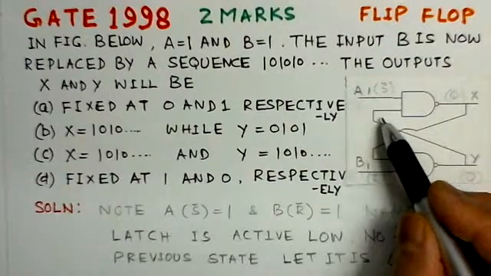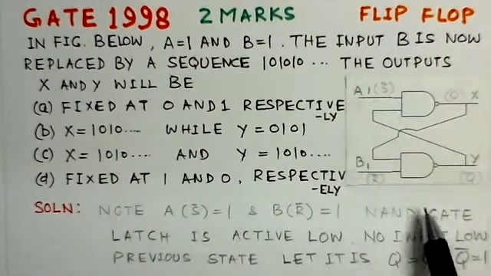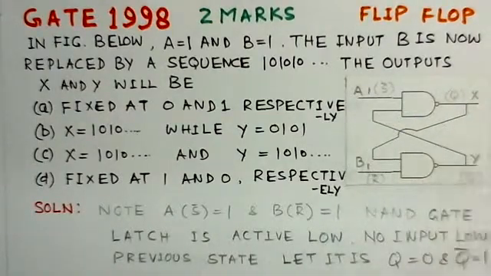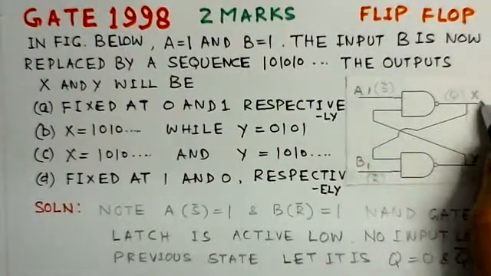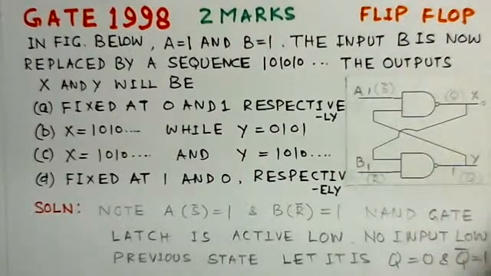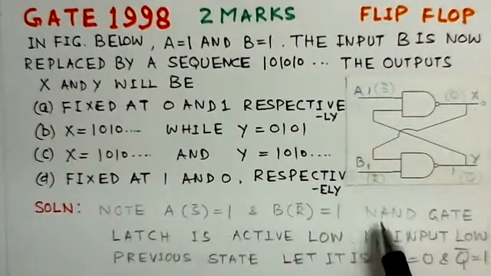So this will give me the output as the previous output, because no input is low, it will give me the previous output. And we can assume what the previous output is. We can assume the previous output to be, say, 0 and this is a 1 output. So this is the previous output.